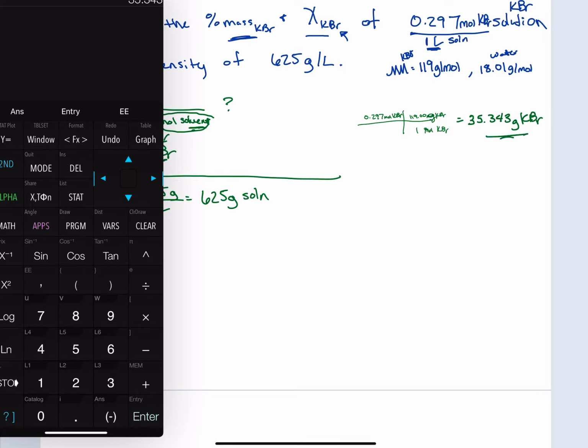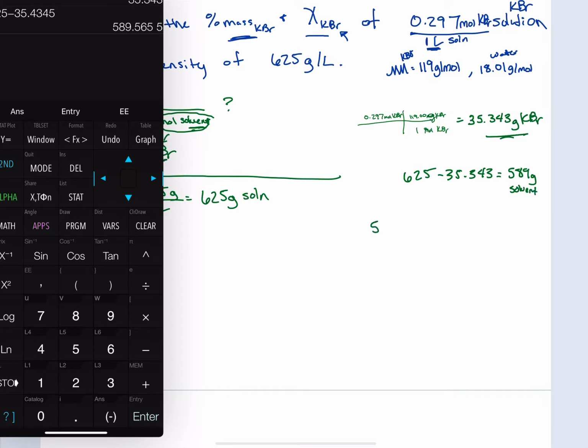So I just have to subtract. So I'm going to say that 625 minus the 35.343 gives me 589 grams of solvent, which we know is water.